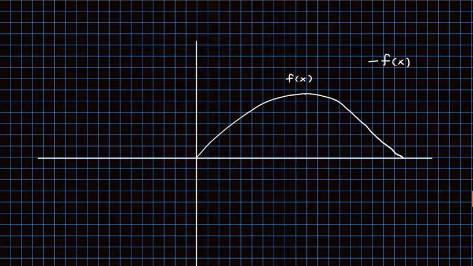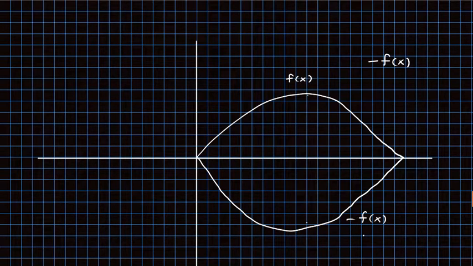If I have a positive f value, it's going to become negative when I put the negative sign there. So the graph reflects around the x-axis. Everything reflects about this axis.